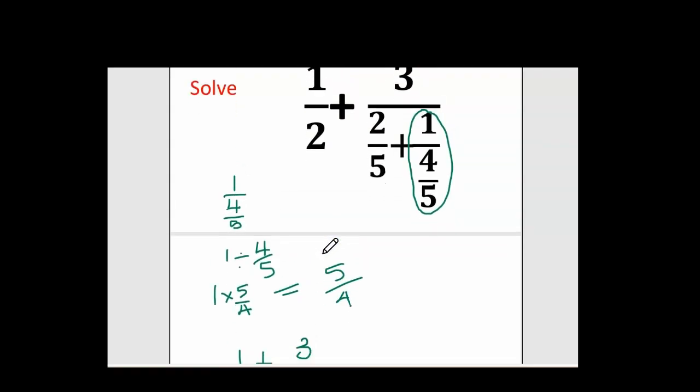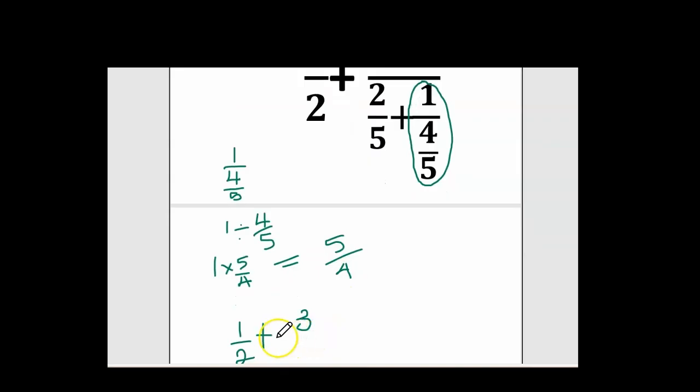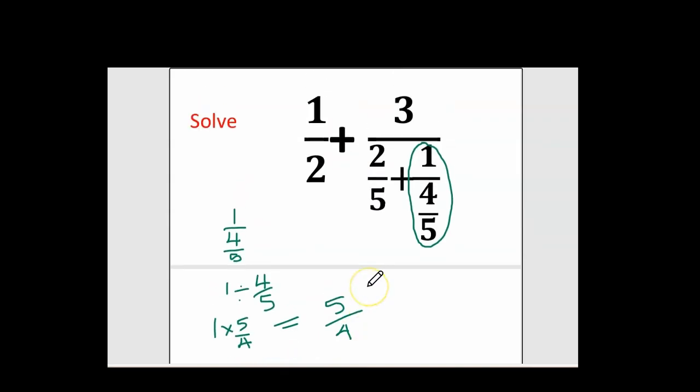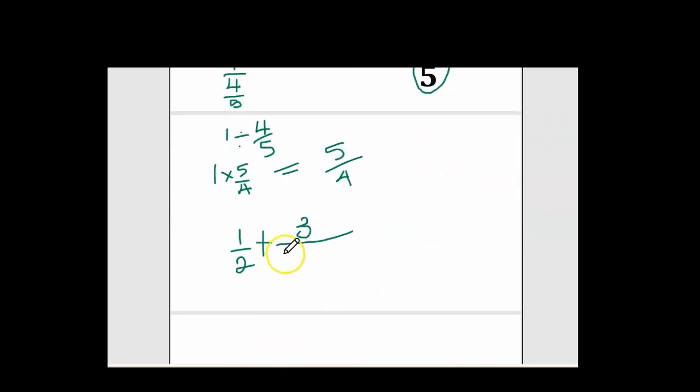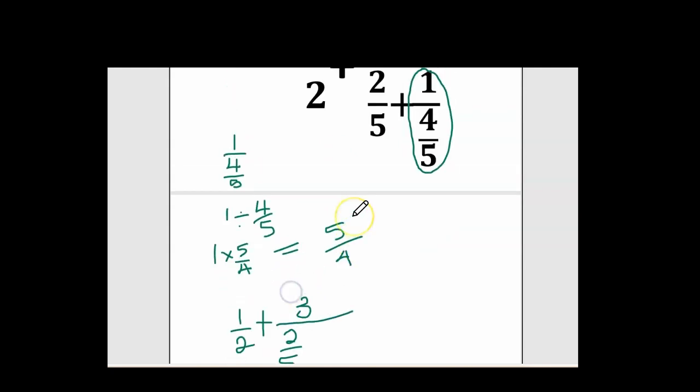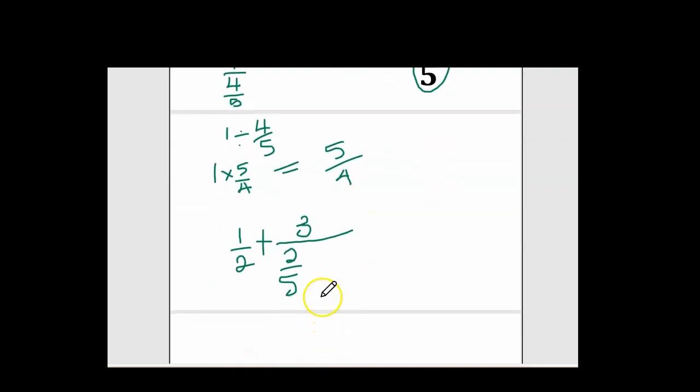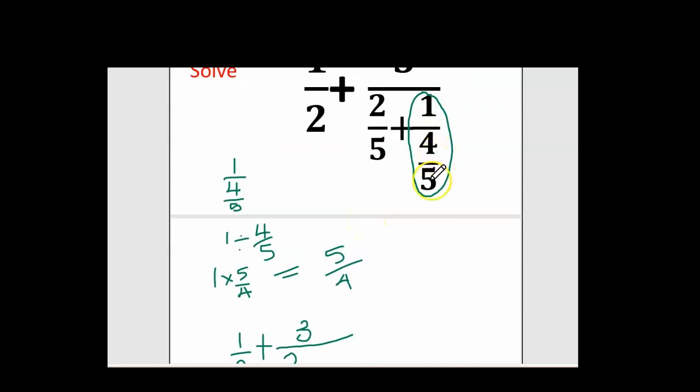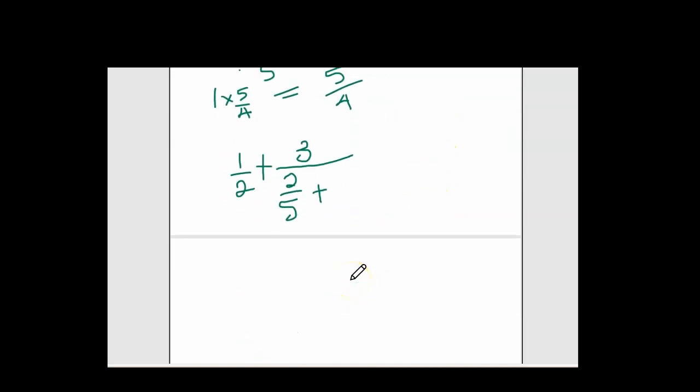All over 2 over 5, then we have our plus. Remember we have already simplified 1 over 4 over 5 as 5 over 4. So what we have here now is just 5 over 4. So we continue again.